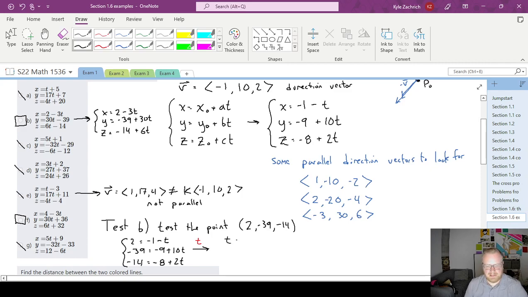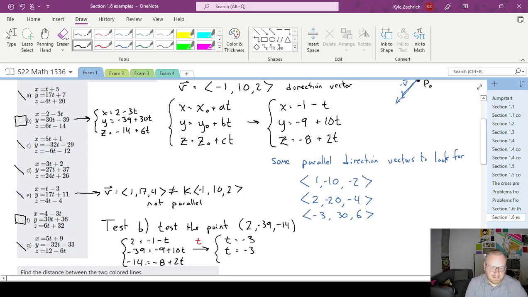So let's see, t in this case is going to be equal to, so -1, that would give us 3. So t is going to be equal to -3 in this case. In this case, looks like t is also equal to -3.